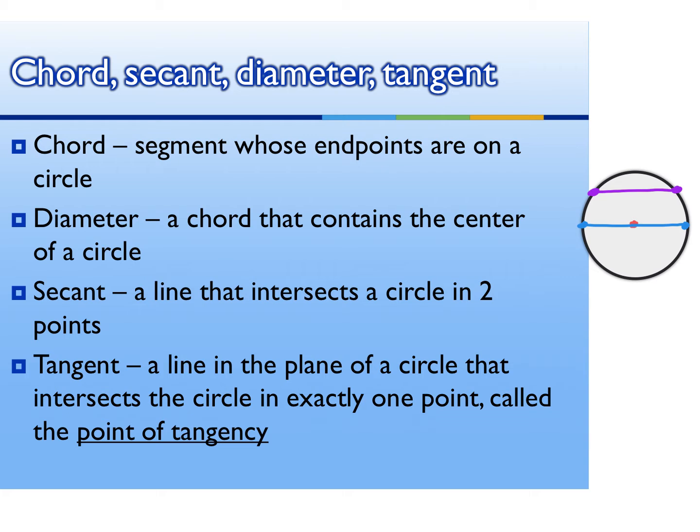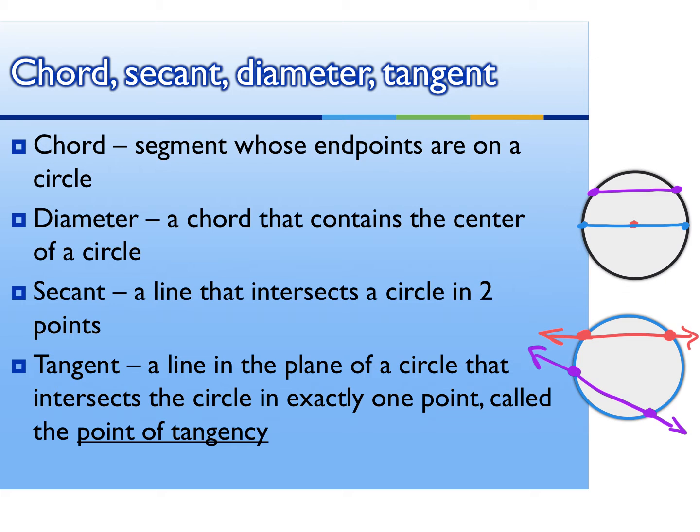So for example, for the secant, if I draw another circle here, the secant is going to go and intersect the circle in 2 points. So it's going to pierce it and go through it. So it would touch the circle here and here. And it doesn't matter where you draw the secant. Again, it's going to have arrows on it indicating that it's a line.